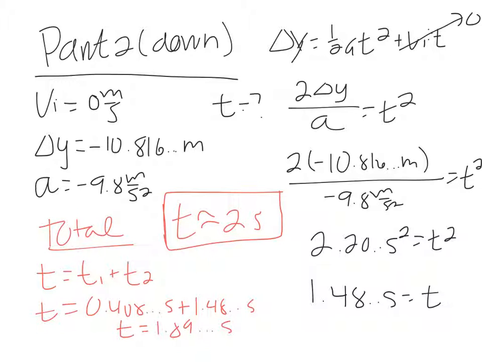This was the long way to solve the problem, and the reason I did that again was because if you're ever looking for maximum height, you're going to need to know how to do this in terms of part 1 and part 2. Solve it the short way using the quadratic formula. So our original givens, we have v initial, you have your acceleration, and you have your delta y.